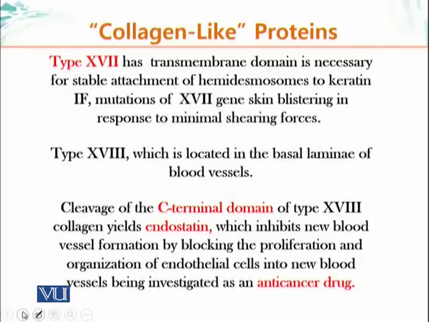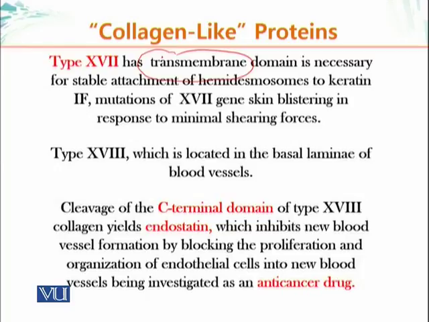So we have talked about hemidesmosomes. Type 17 collagen doesn't form fibrils. It's not a component of the extracellular matrix. Rather, it is embedded in the plasma membrane through this transmembrane domain, and it plays a very important role in formation of hemidesmosomes that we have talked about previously.